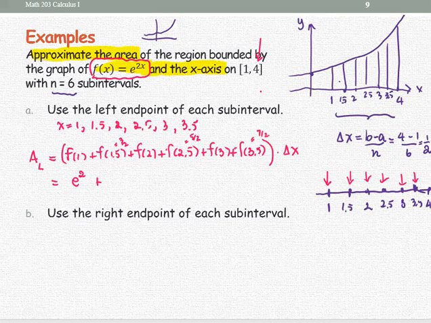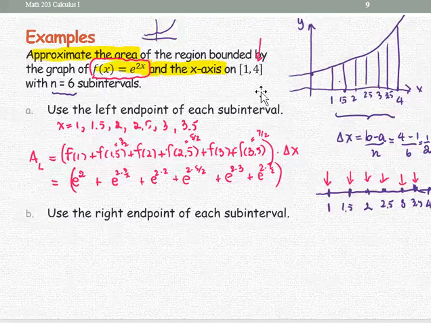So the second one is e to the power 2 times 3 over 2. The next is e to the power 2 times 2, e to the power 2 times 5 over 2, e to the power 2 times 3, and the last is e to the power 2 times 7 over 2, all multiplied by delta x, which is 1 over 2. And what we have to do is put it in the calculator.